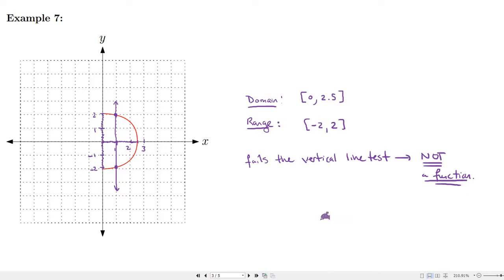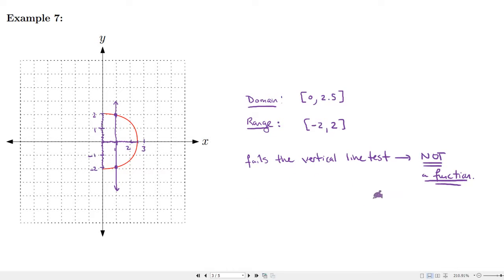Now, in order to be a one-to-one function, it already has to be a function. Even though this curve passes a horizontal line test, to have a one-to-one function you need to be a function first of all. So we wouldn't even test the horizontal line test unless it already passes the vertical line test.